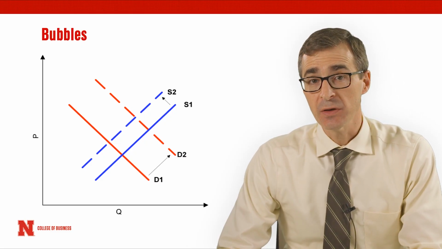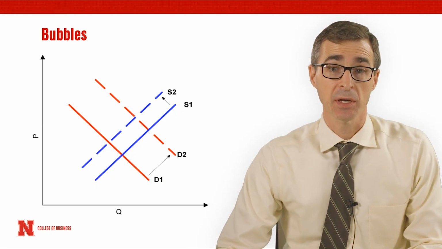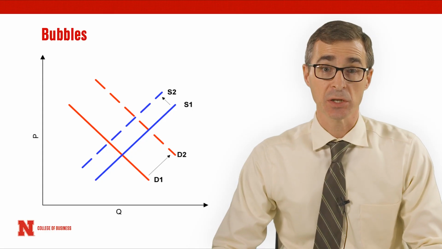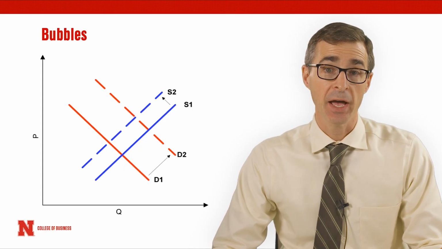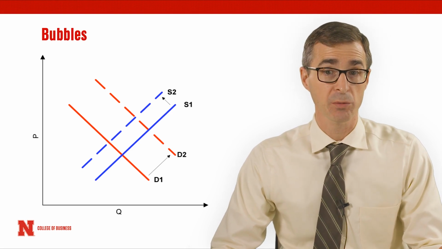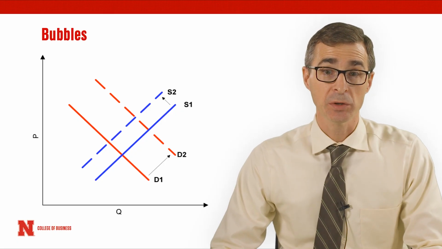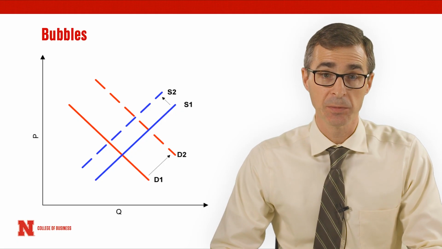If there's an increase in demand on the buying side, it could be simply a matter of expecting a future price increase, and that expectation leads buyers to accelerate their purchases. The very act of accelerating purchases will increase demand, which we'll model as a rightward shift from D1 to D2. And that rightward shift actually has the effect that it increases the price today.